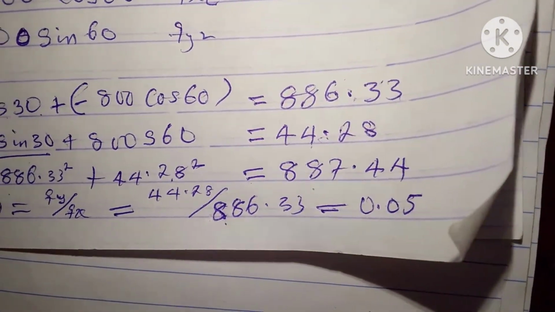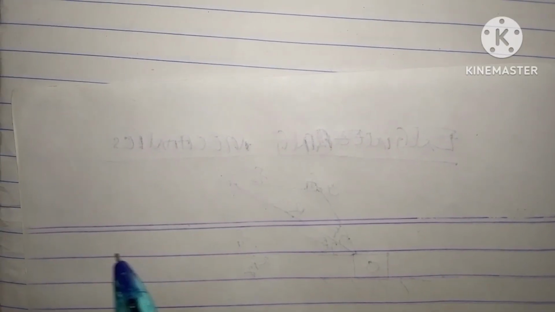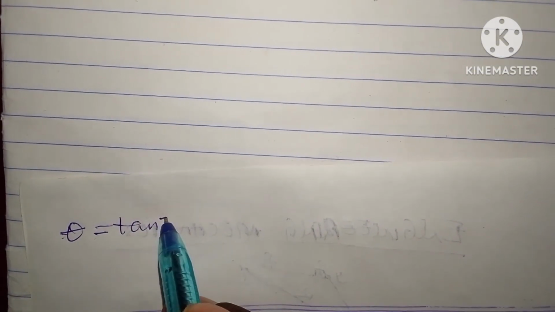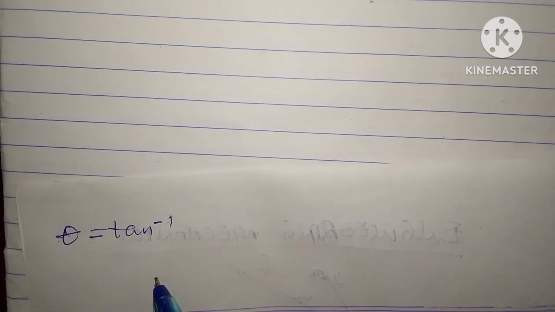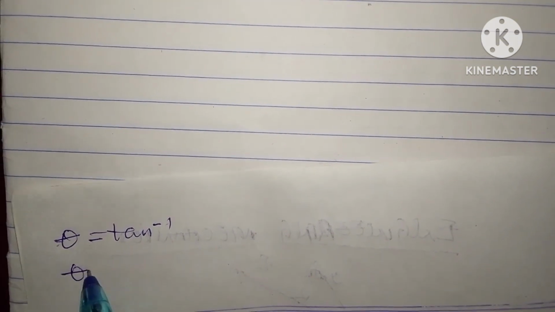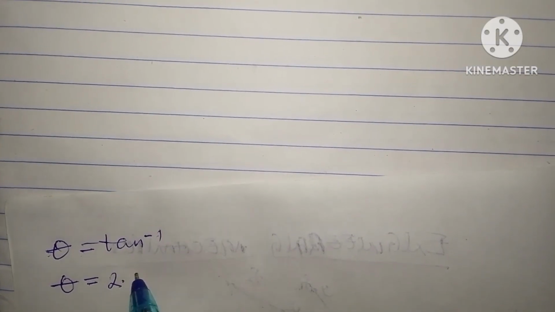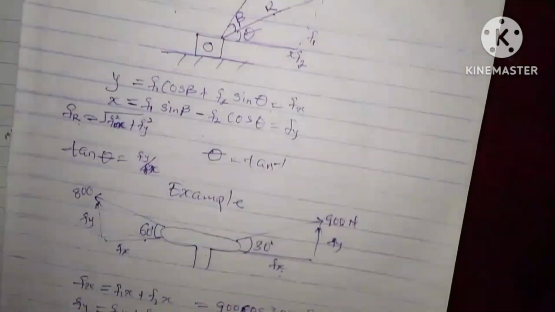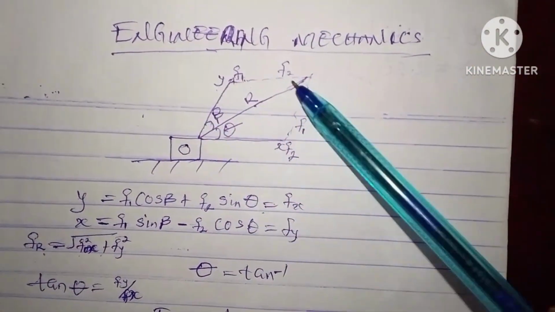To find the angle, you take tan inverse, and the tan inverse will give you the angle, which is equal to 2.86. And this is the angle that you find for the forces from the given equation.